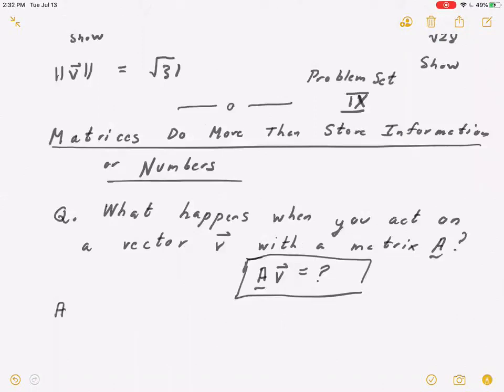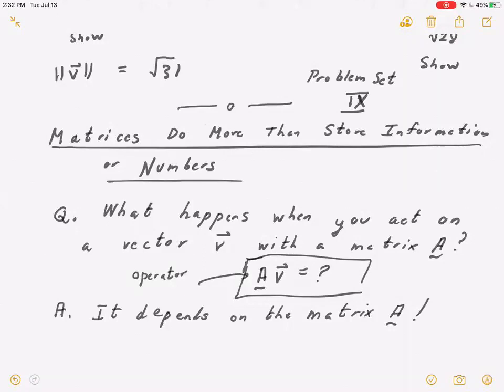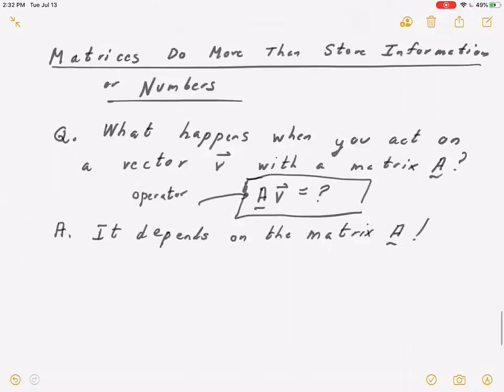So this has an answer. The answer is it depends upon the detailed nature of A, where here I'm looking at A as if it acts as an operator. It does something to V.